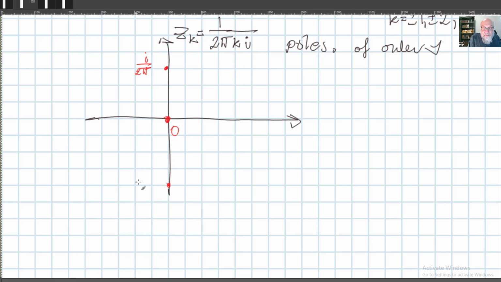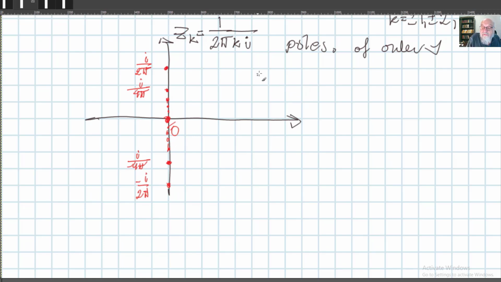On the opposite side it will be minus i divided by 2 pi. Then you have here i divided by 4 pi, and i divided by minus 4 pi, and then there are many others, and they all converge to 0.